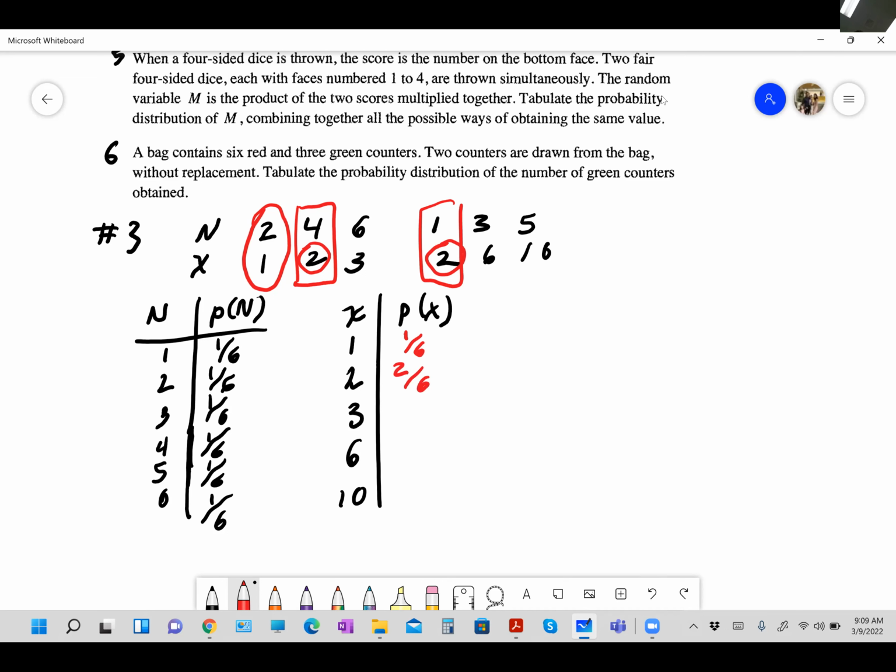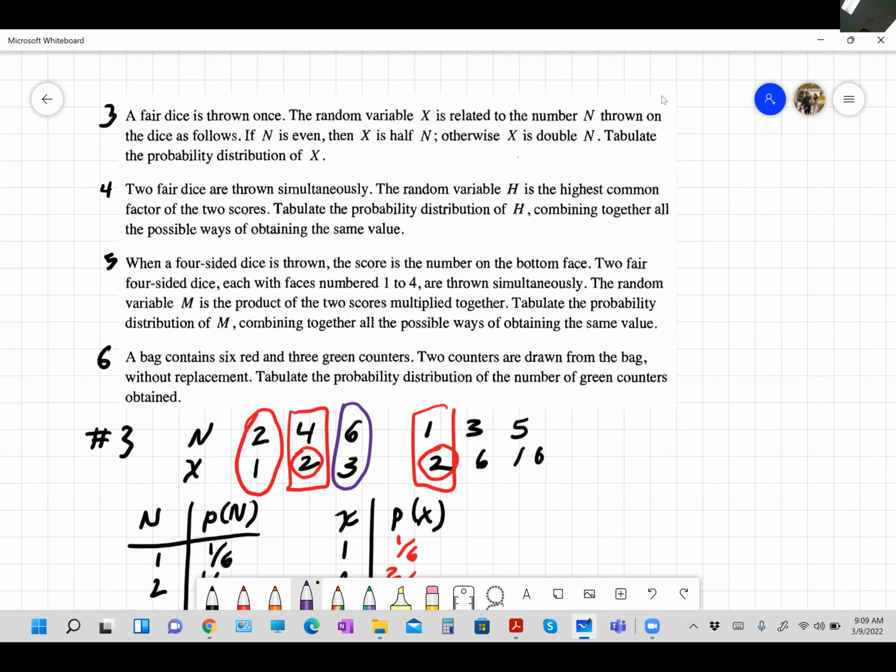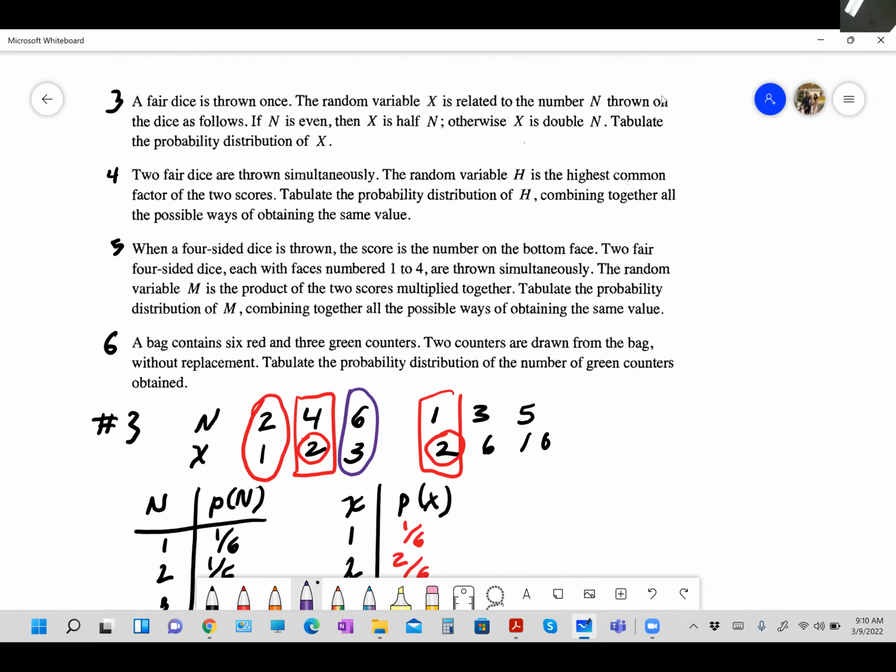It only happens once for X. So it's going to be just 1 over 6. How about 6? How many times does that happen? And the last one? And if I add them all up, haven't I just done what the question asked me to do, which was tabulate the probability distribution of X? And that's it. That's all it was.